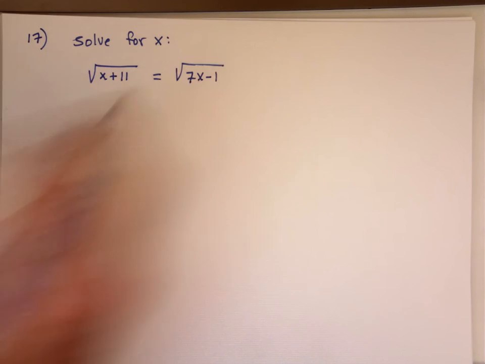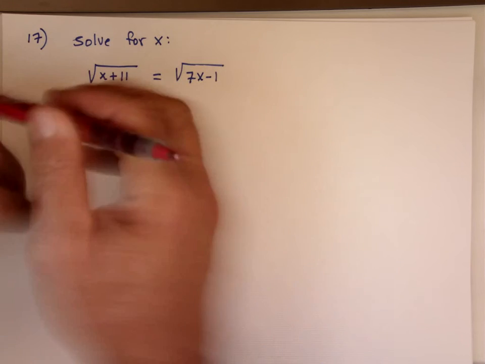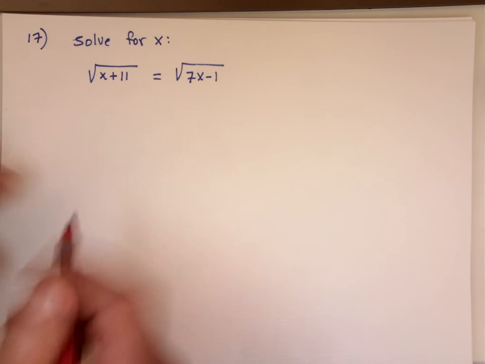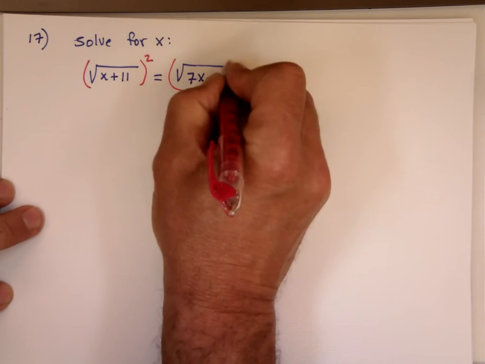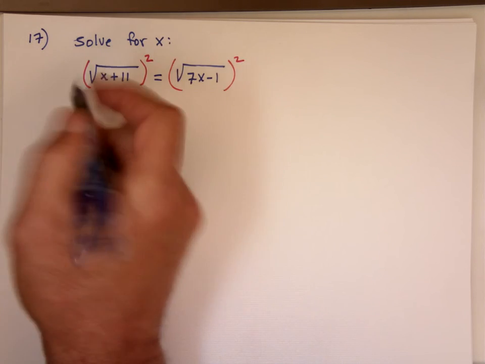The good news for us is they have the two square roots isolated, one on each side. Because anytime you have two of them, that's what you need to do. Make sure you only have one on each side. Then square them. And again, when you square a square root, it's gone.